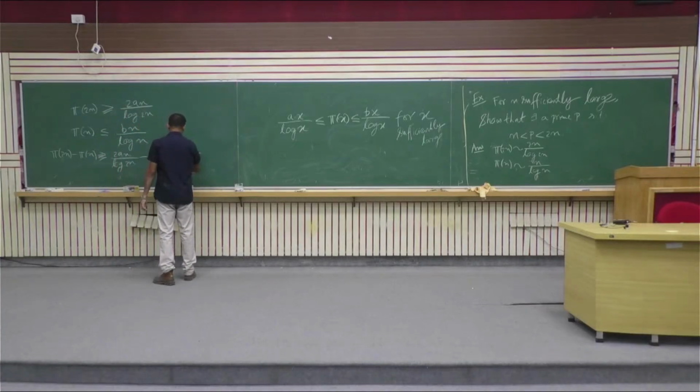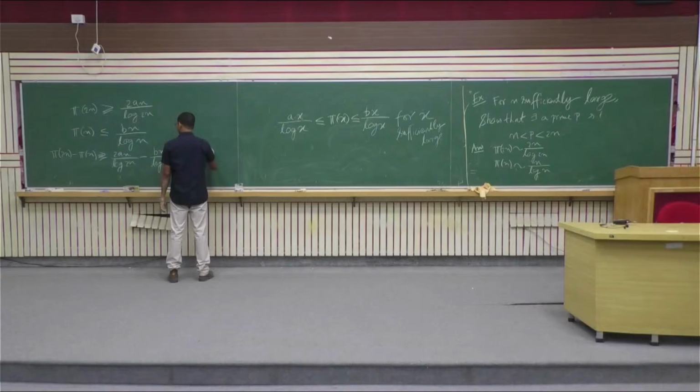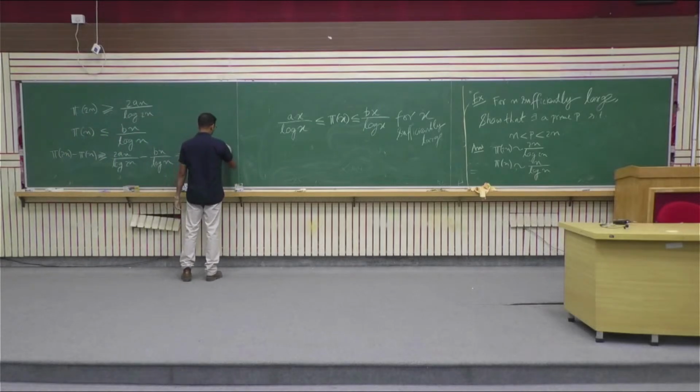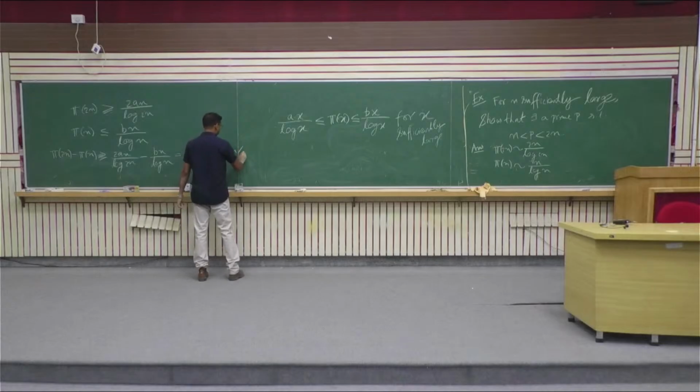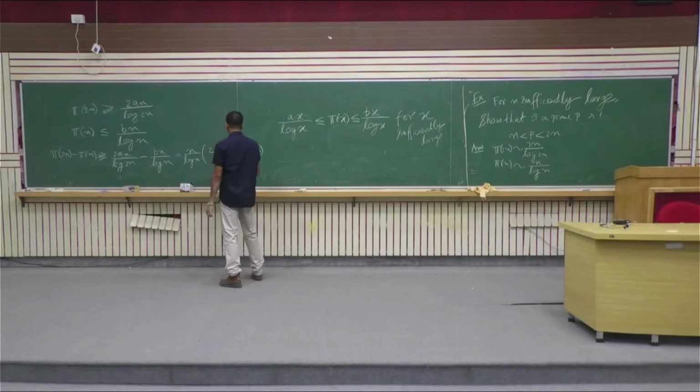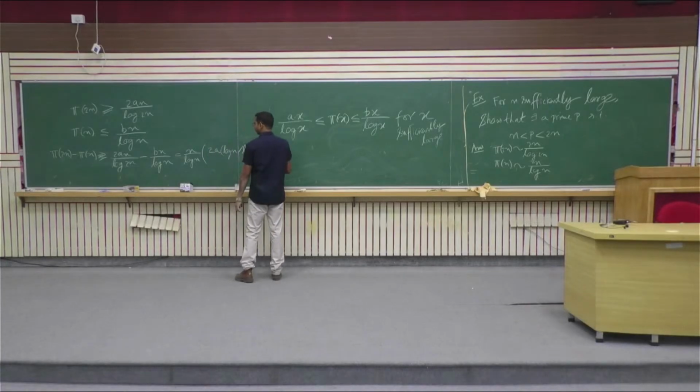So if you take n by log n out, what do you get? In the first part, you get 2a times log n by log 2n, this minus b, right?